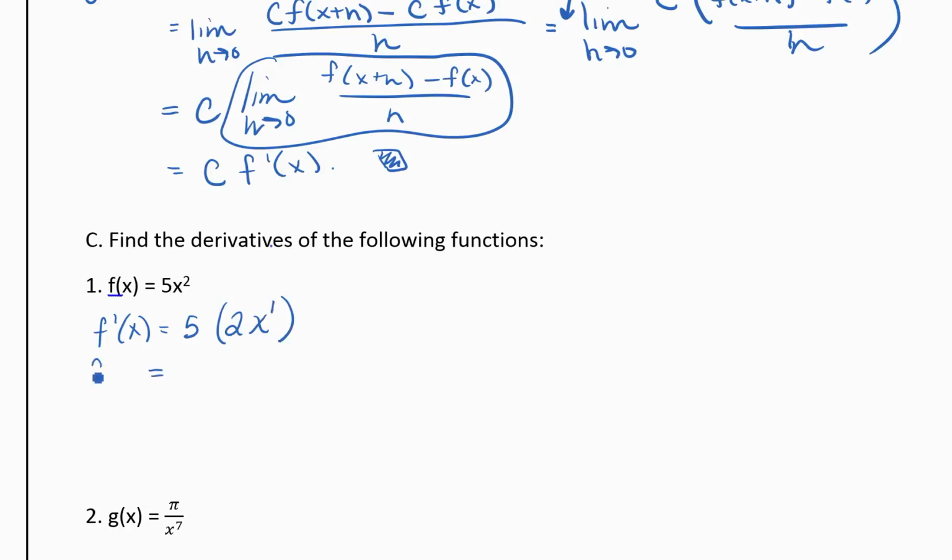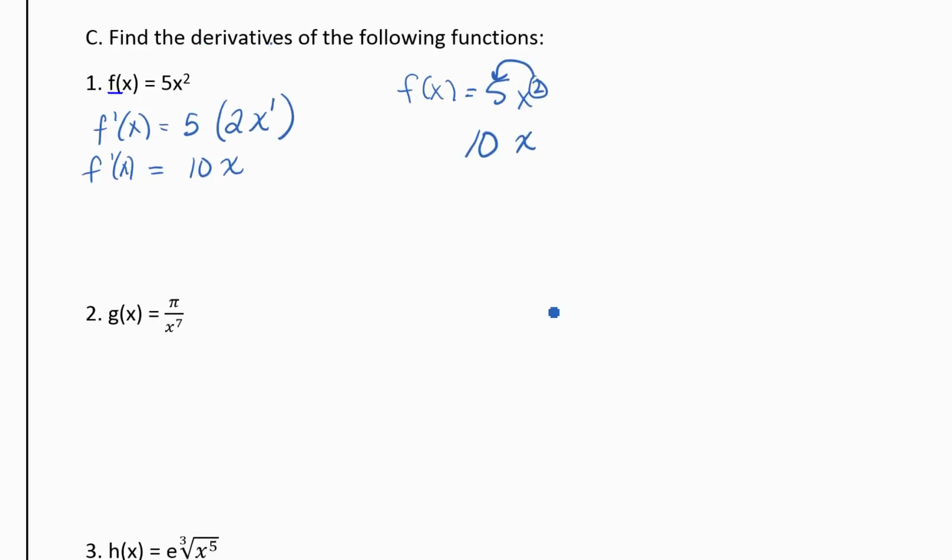So our derivative here would be 10x, which using these rules is obviously much simpler than doing the difference quotient for each function. Another way to think of it, whenever you have a number times the power of x, like 5x squared here, you multiply the exponent times the number in front, so 2 times 5 would be 10, and then subtract 1 from the exponent, so 10x.